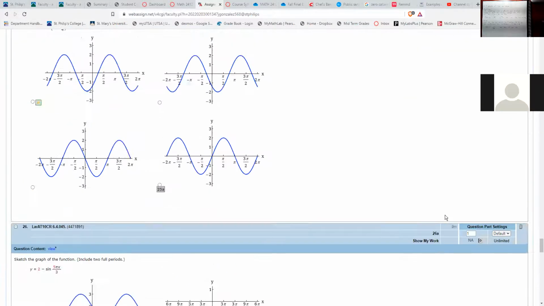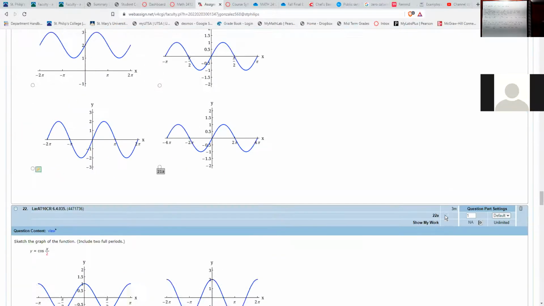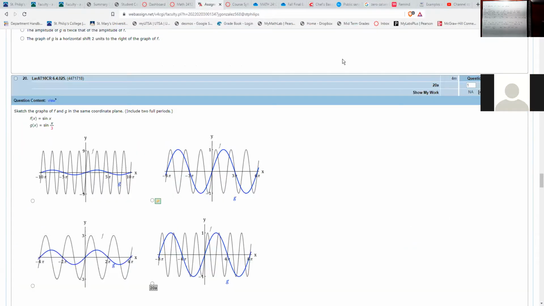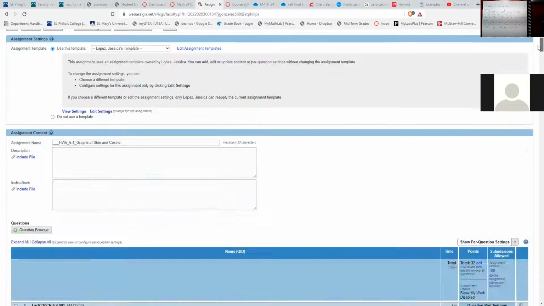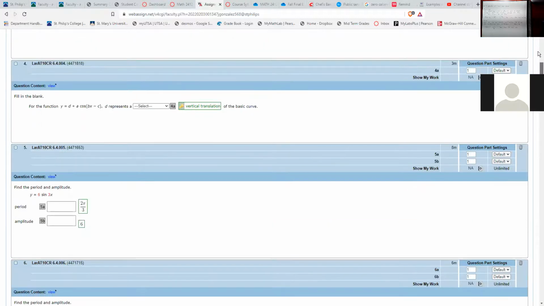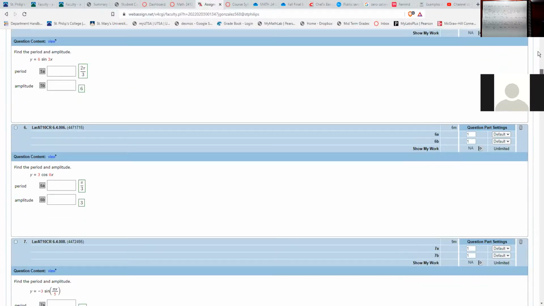These are very straightforward. I'll leave those. Okay, so let's start with definitions like usual. So let's go ahead and skip that.